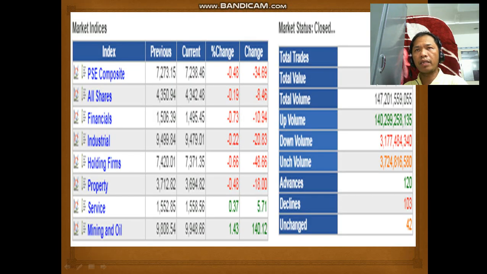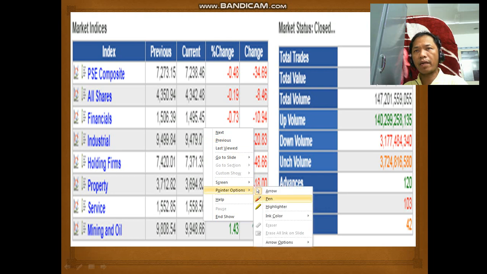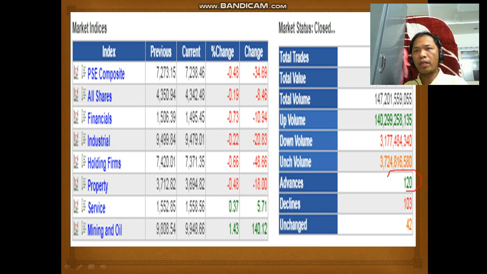So now here yesterday in our Philippine stock market, there are 120 companies advanced in green, there are 103 companies in red, and there are companies unchanged, which means the closing price is the same as the opening price.